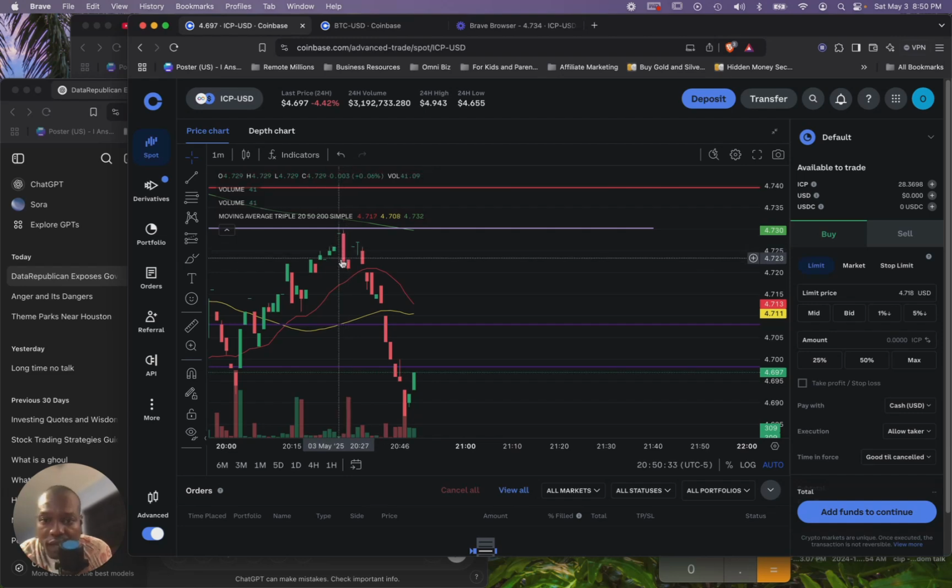If I would have seen something like this happen, I probably would have waited until this one closed and seen where this one went. If I would have seen this green, I would have waited for this.